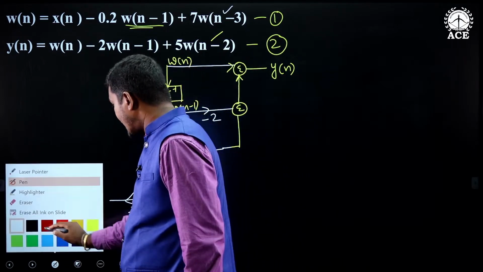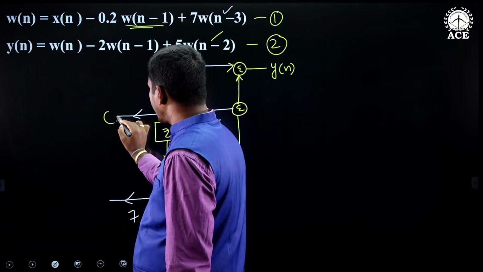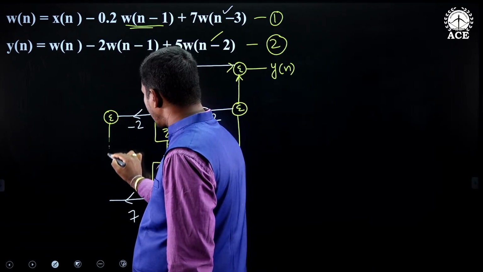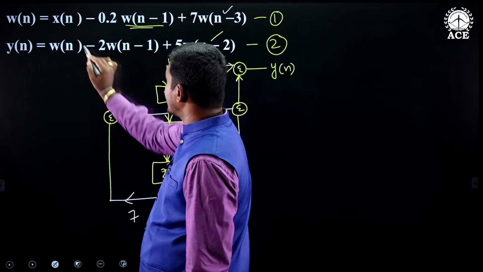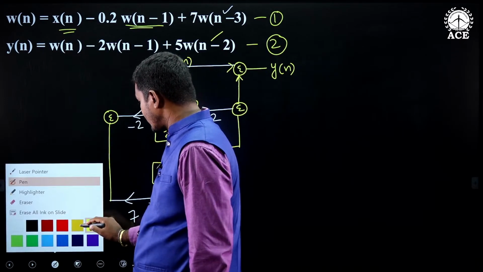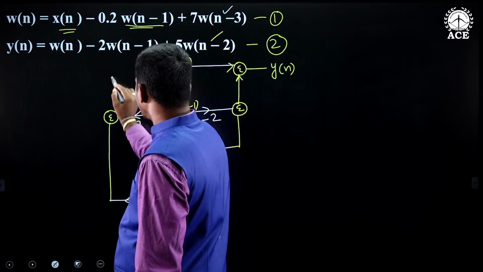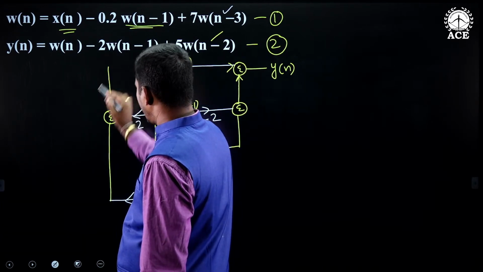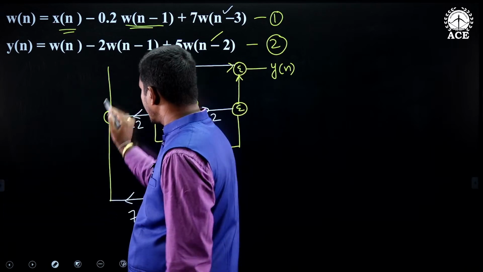Just add these two. For this, one more thing we need to add: x of n. So I am taking one summer here and one x of n here.